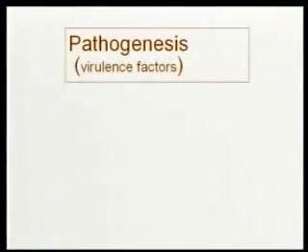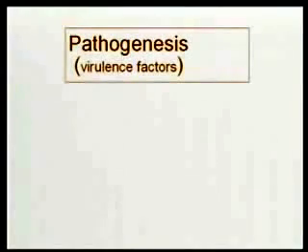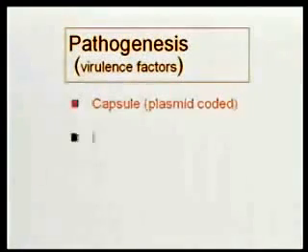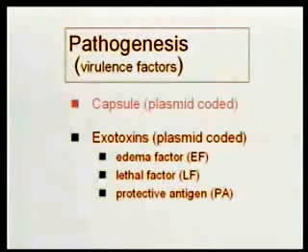Pathogenesis, an important part of it. Virulence factors are a capsule, of course. In this case, the capsule is again not polysaccharide. It's polyglutamic acid. It also produces three exotoxins: one known as lethal factor, one known as edema factor, and one known as protective antigen, usually abbreviated LF, EF, and PA.